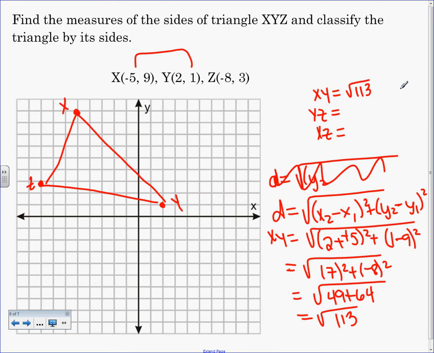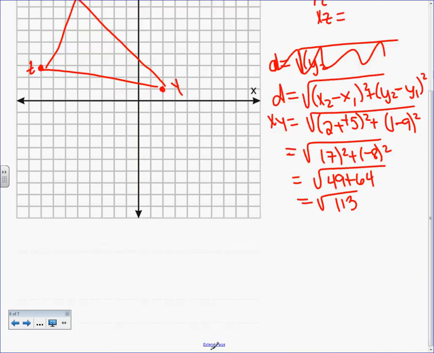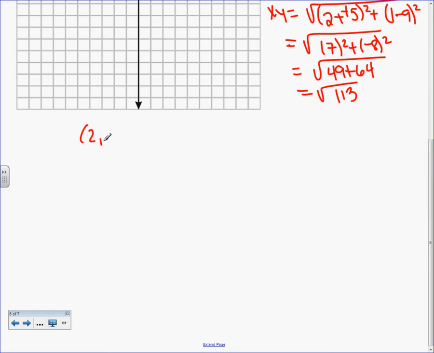We'll do YZ together, but then I'm going to have you do XZ by yourself. So YZ is these two, 2, 1 and negative 8, 3. So I'm finding the length of YZ now. x1, y1, x2, y2.